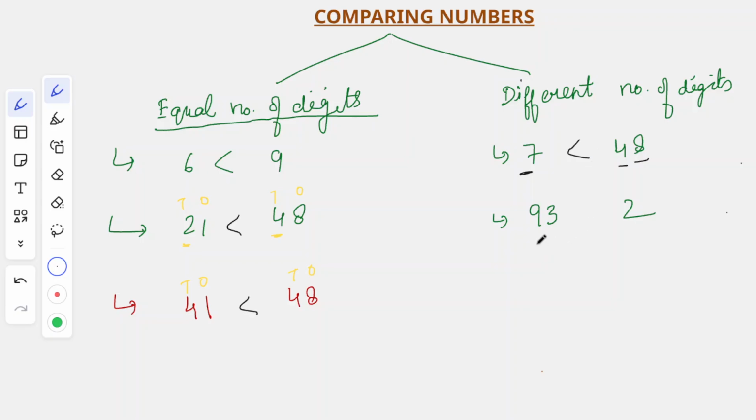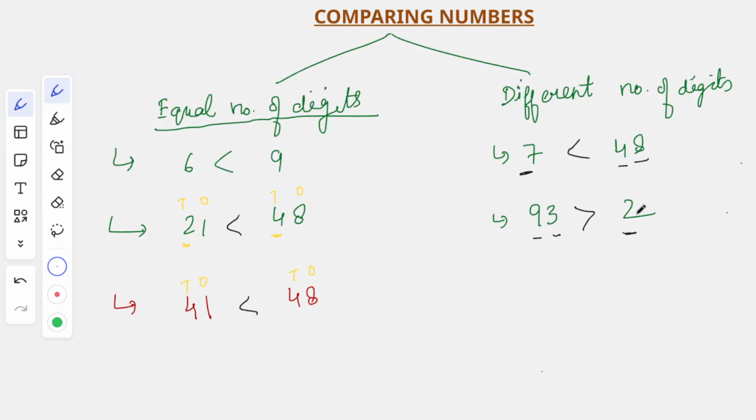Okay. Now we have 93 and 2. Can you try this? Pause the video and solve this. What do you think the answer will be? 93 has 2 digits and 2 has just 1 digit. It's a single digit number, right? So 93 will be the greater number. 93 is greater than 2.